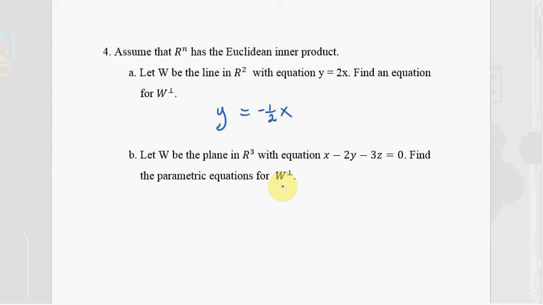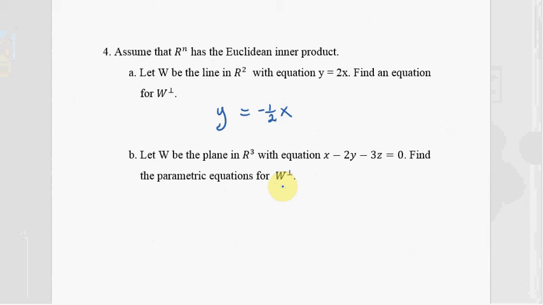Now, let W part B be the plane in R3 with equation x minus 2y minus 3z equal to 0. Find the parametric equations for W perp. Now, you did that before if you took Calculus 2, and you probably didn't know that you were doing that because the language of it was different.